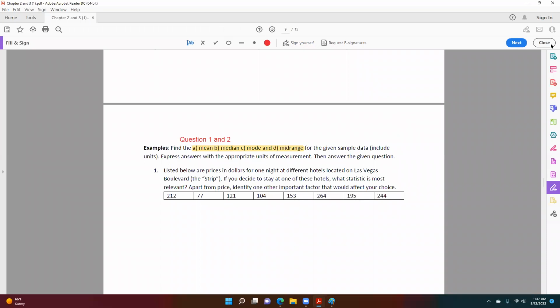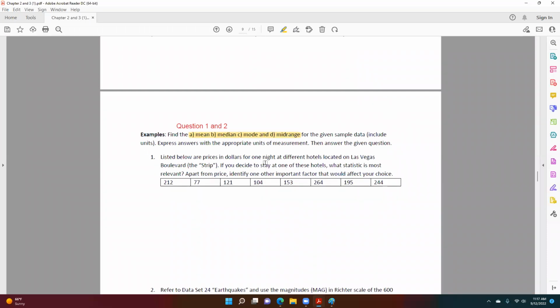And make sure, this is very, very important, that you use the units of measurement given to us. They should have questions, and you have to answer the questions in this case. So you have to do quite a lot of work per question here.